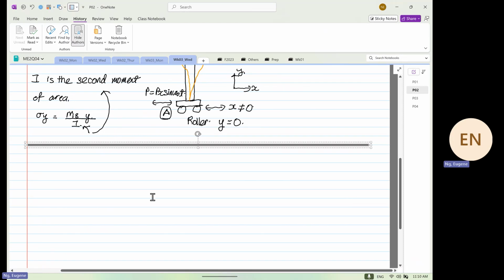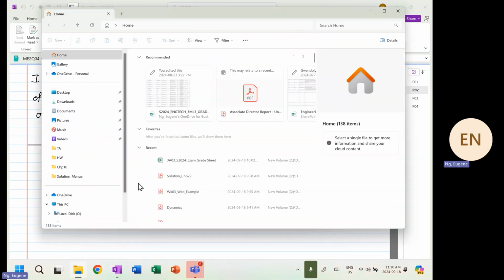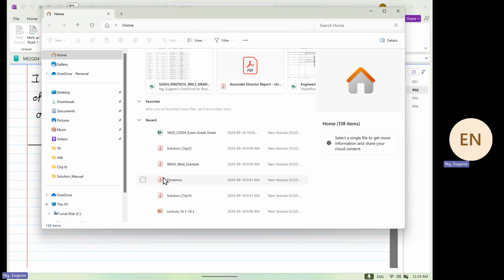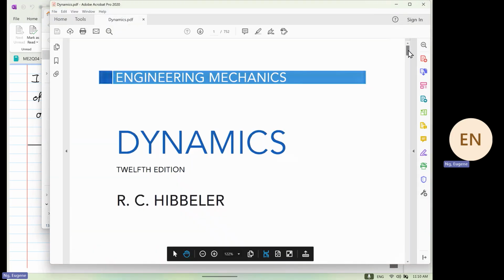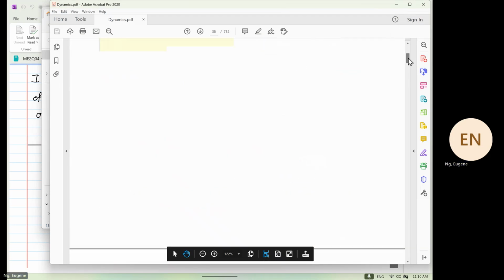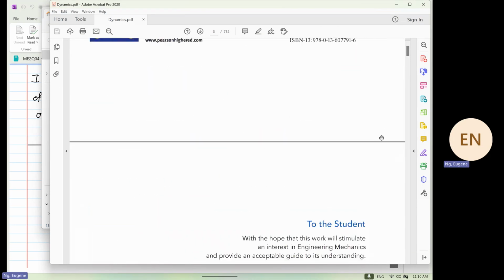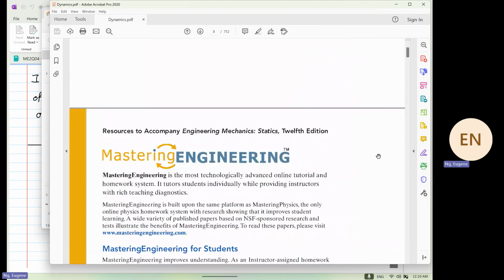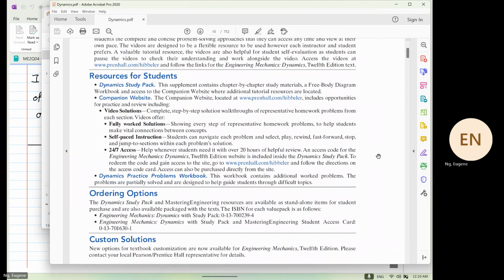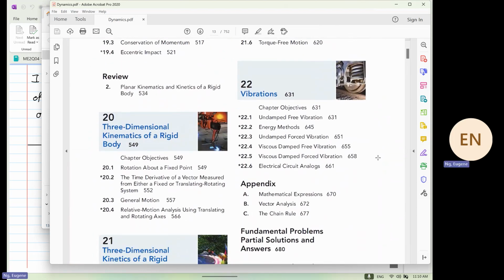Remember, I told you, if you look into the textbook, where do they put mechanical vibration? They put it in chapter 22, right? But it's not that bad, is it?